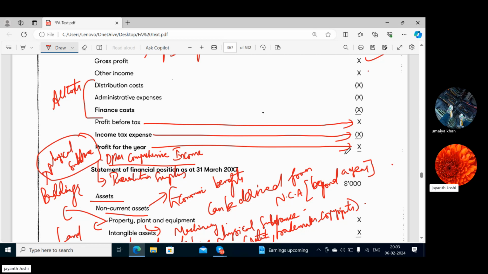Let's say your profit for the year is 100 and your revaluation surplus is 20. So now your total of SOPL and OCI, that means the total of statement of profit or loss and other comprehensive income, is 120. That is what it is.